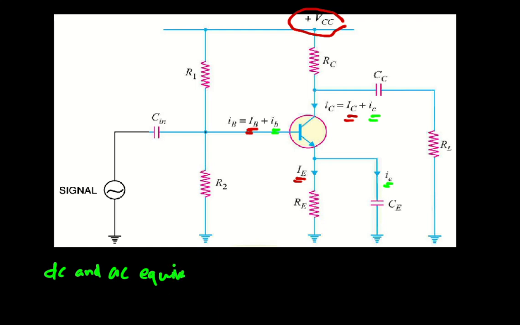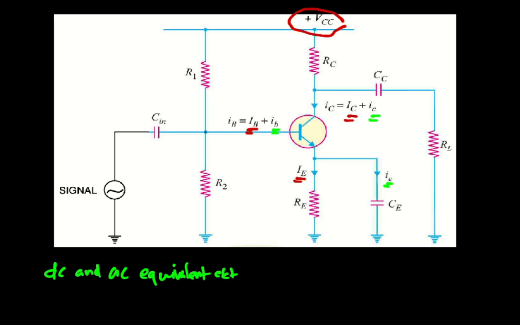In this lecture we will consider the DC equivalent circuit of a common emitter transistor amplifier. Then in the next lecture we will consider the AC equivalent circuit, so that we can calculate the total current flowing through any branch, the sum of the AC and DC currents.